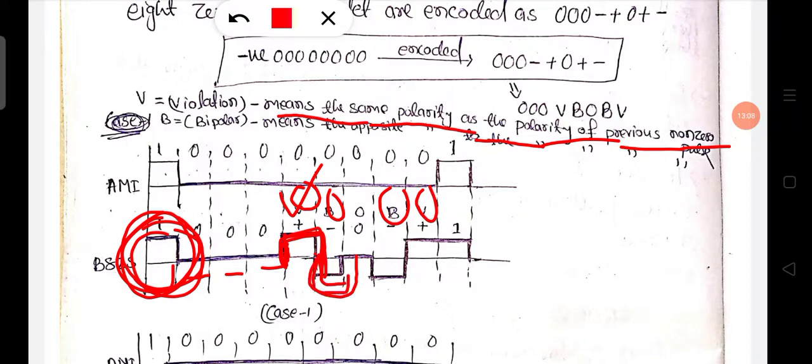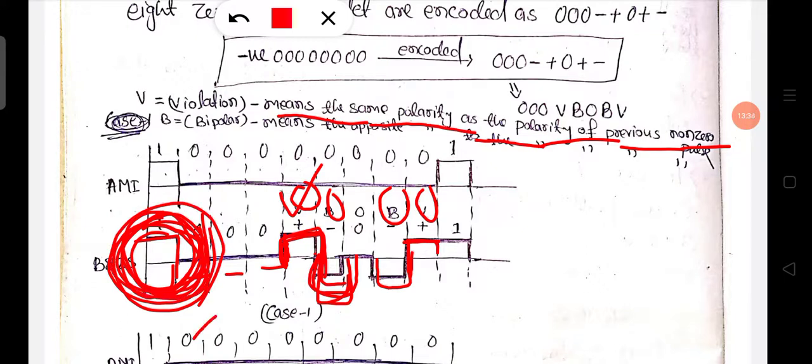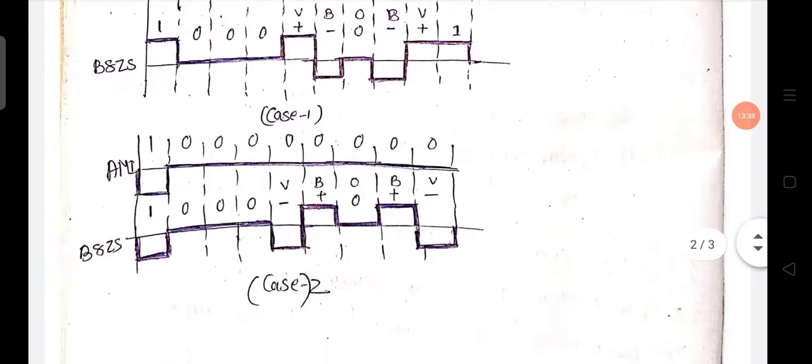B is the opposite polarity of the previous non-zero. The previous non-zero polarity is positive, so B is negative. Similarly, here B is negative because the previous non-zero polarity is positive, and V is positive because the previous polarity is positive. Did you understand?